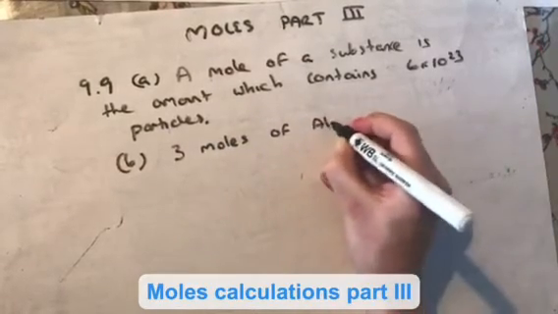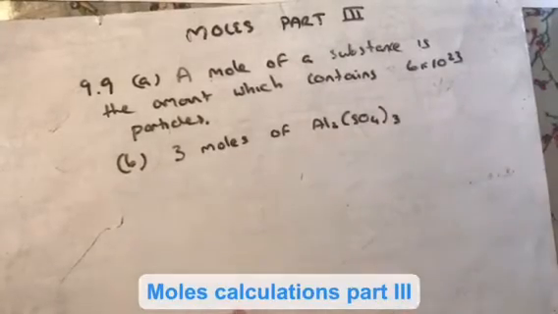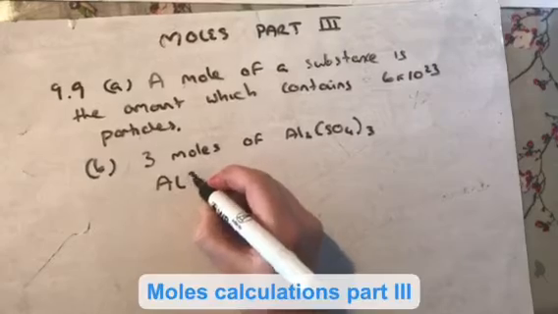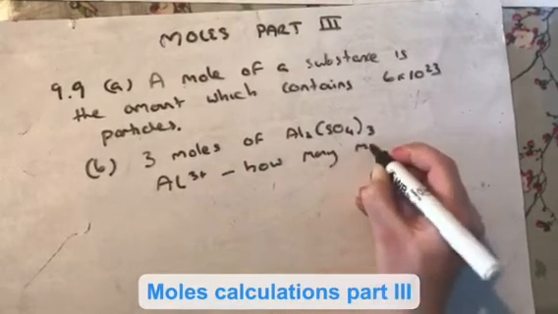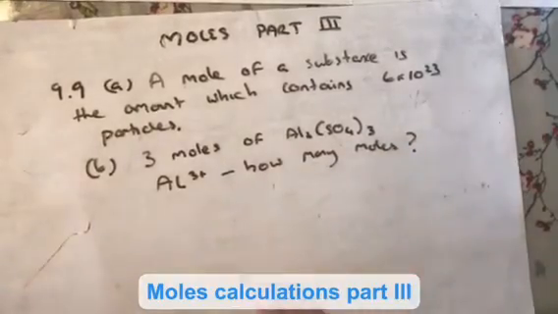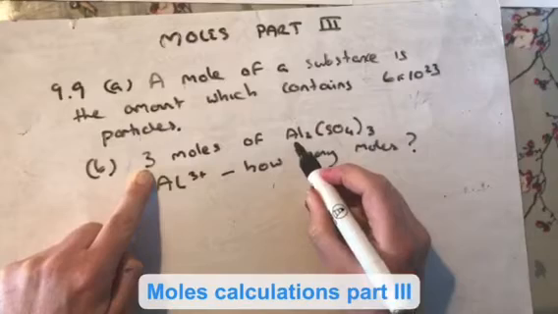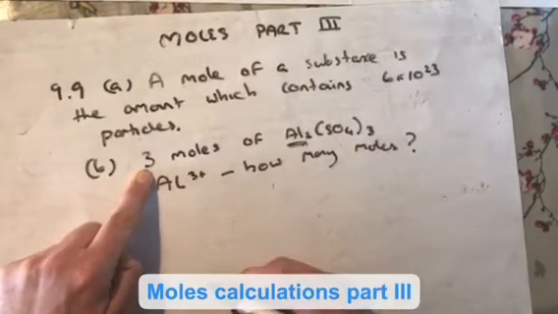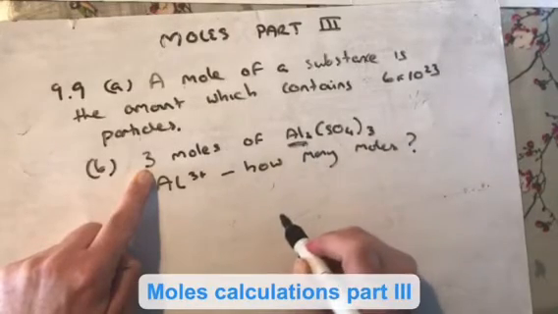They want to know how many moles of Al3+. If you've got 3 moles of aluminium sulfate, and each aluminium sulfate molecule contains 2 aluminiums, that means you've got 6 moles of aluminium. Does that make sense?